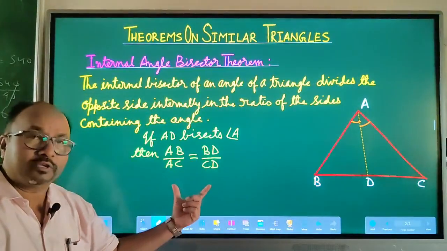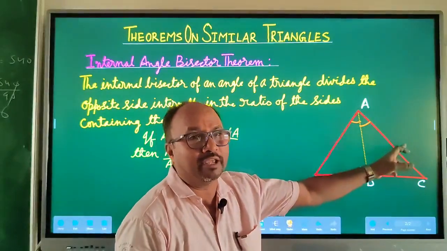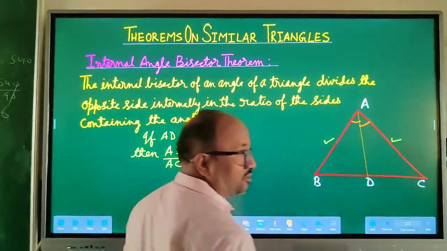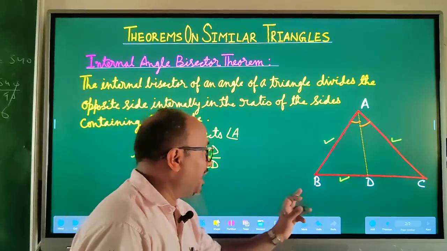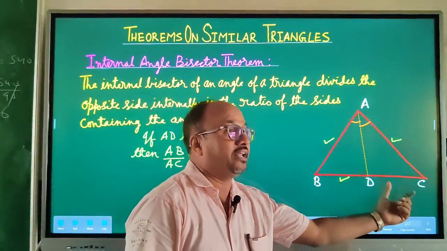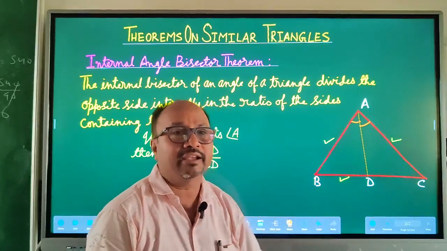You can get it from here. And also it could be you are provided with AB and AC. So this side is known, this side is known and even this side BD is known. You can be asked to calculate the length of BC. So first try to get CD by applying this and then add up BD and CD to get the length of BC.